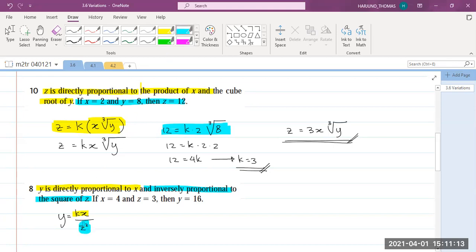Now we call this joint variation. It's proportional to x and inversely proportional to z squared. You have the proportional and inversely proportional cases in the same formula.